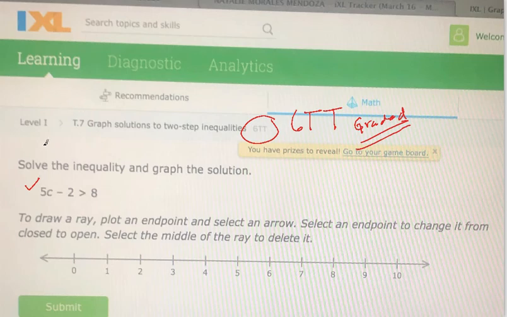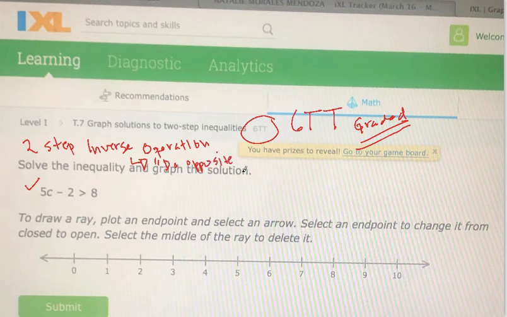And if you remember, the way to solve this is to do this two-step inverse operation. An inverse operation means do the opposite math operation.